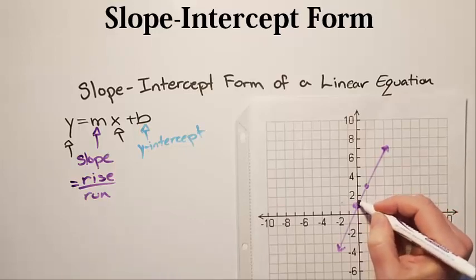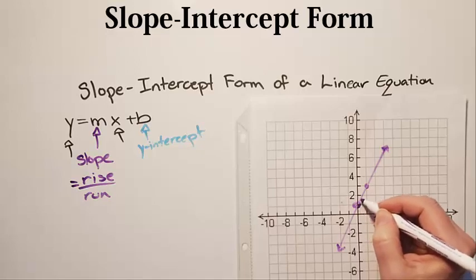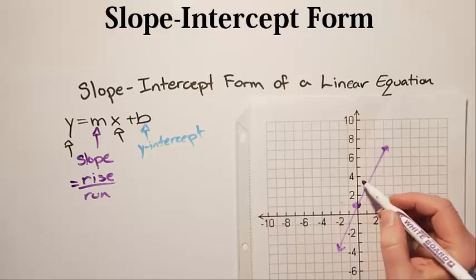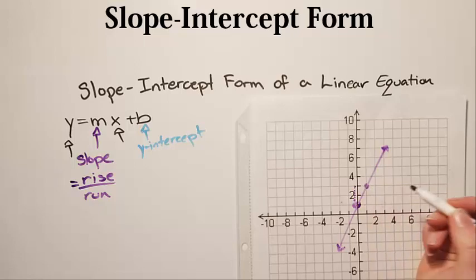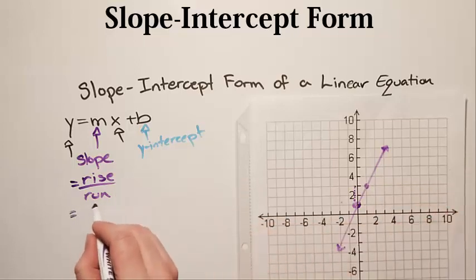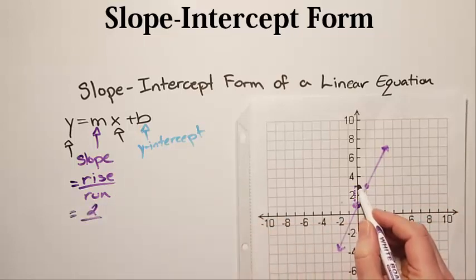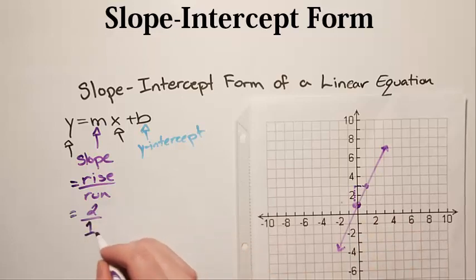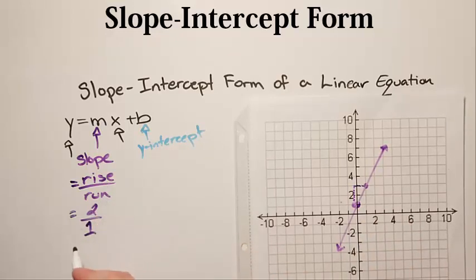If I started at this point, how do I get to the next one on the line? I would have had to go up 2 and run over 1. So I know my slope is going to be 2 over 1, which simplifies down to 2.